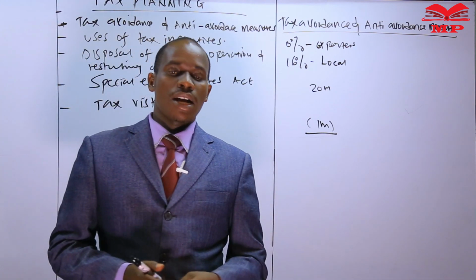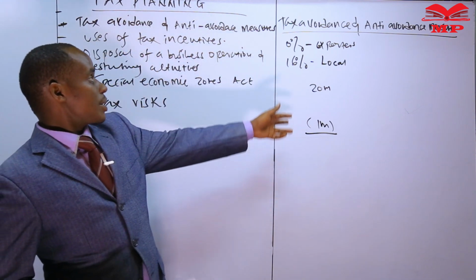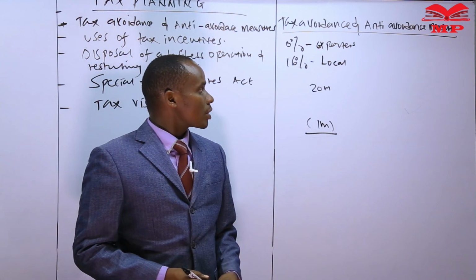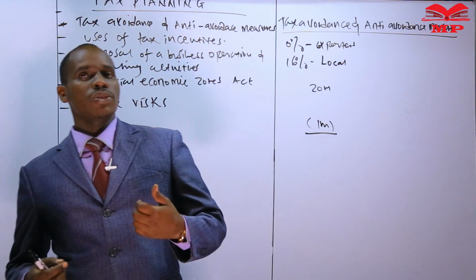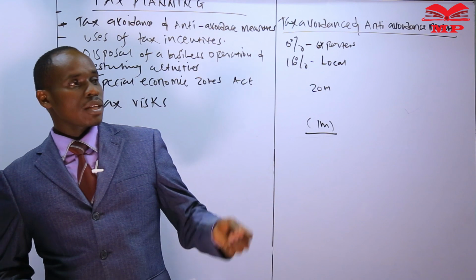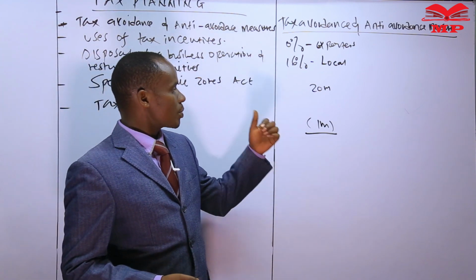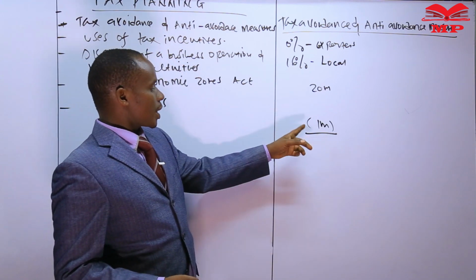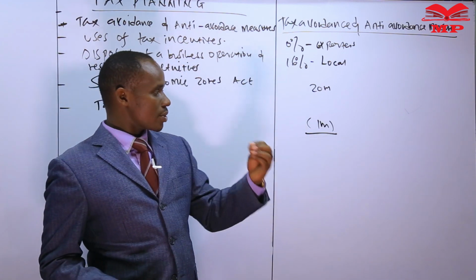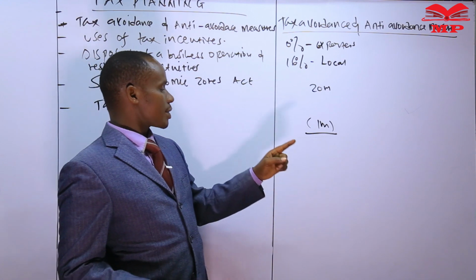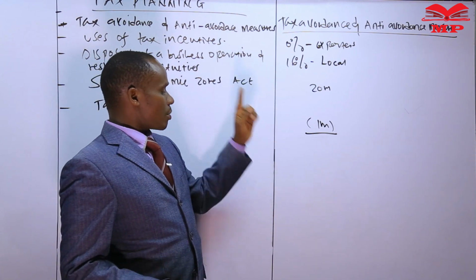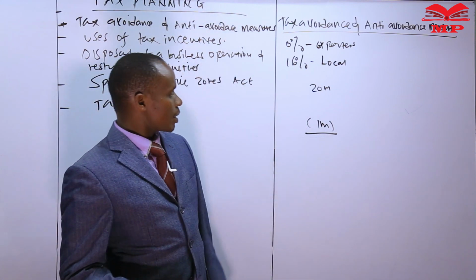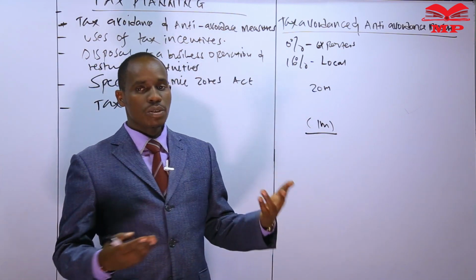Those are some of the cases whereby the commissioner can reject tax avoidance practices. And again, in the case of the director buying a car, the commissioner will take the view that what is subtracted as the disposal value when calculating the capital allowances is the market value of that lorry, not the selling price like we normally do.